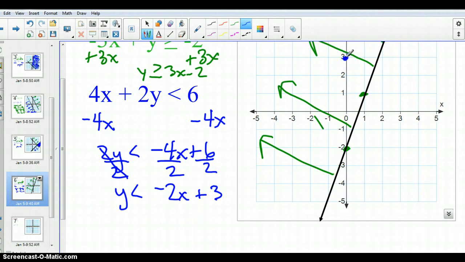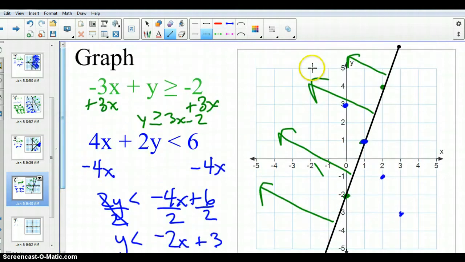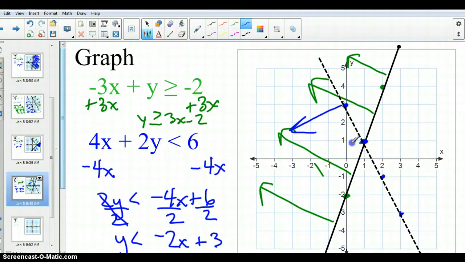My slope is negative 2. So I'm going down 2 over 1. Down 2 over 1. This one will be a dashed line. Now where the number is less than it, it will be below this line. So the areas where they cross is everything from this line down.